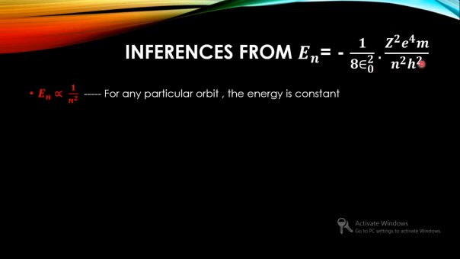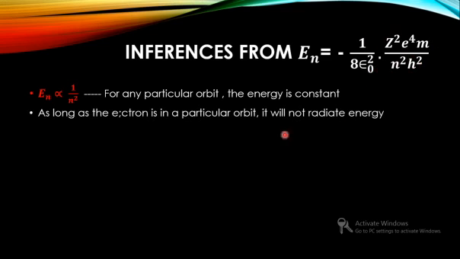En doesn't have any change, which means as long as the electron is in a particular orbit, it will not radiate energy. Isn't that against the notion proposed by Rutherford? That was a failure of Rutherford, right? Rutherford considered that the electron will be revolving in any of the orbits, and because it is a charged particle, it will be radiating energy and collapsing into the nucleus.